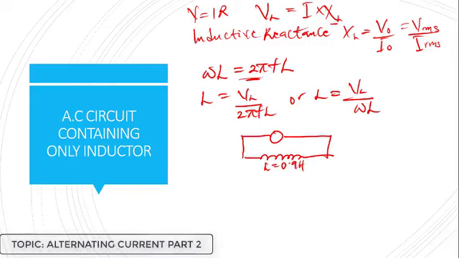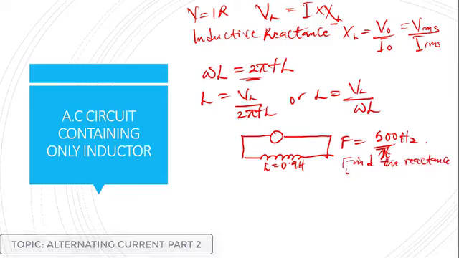We are told that the frequency of this circuit, f, is equal to 500 over pi hertz, and we're asked to find the reactance of the inductor, which is the inductive reactance.